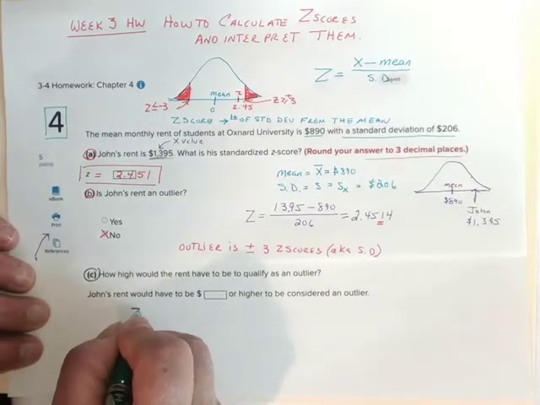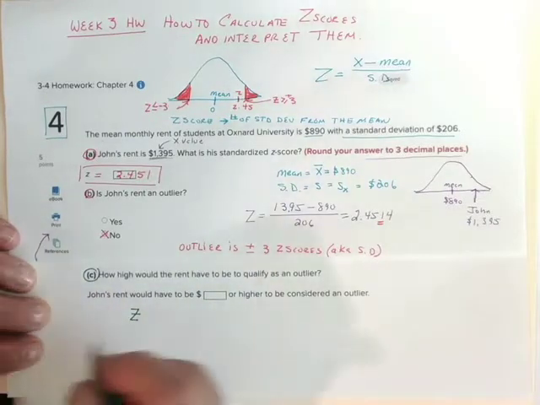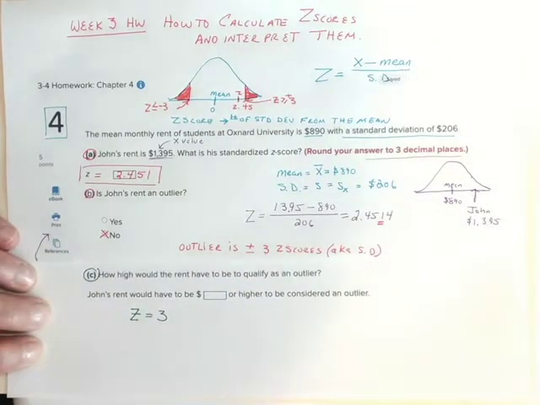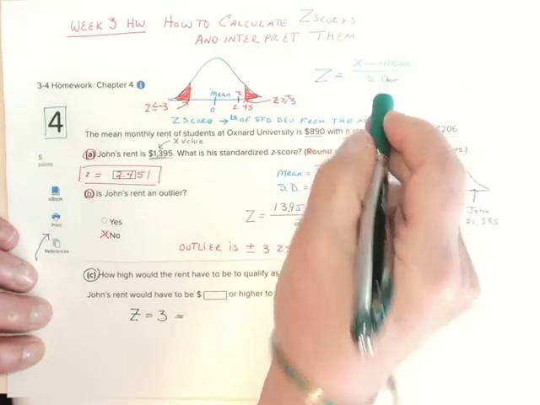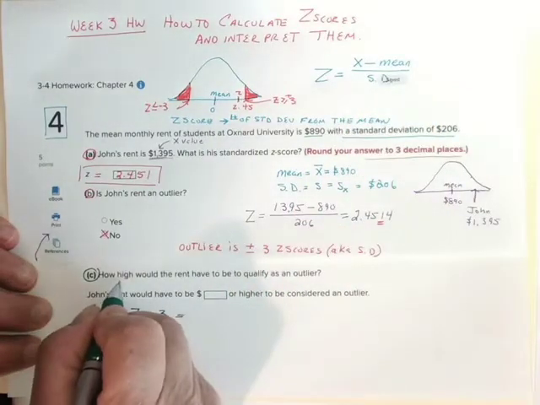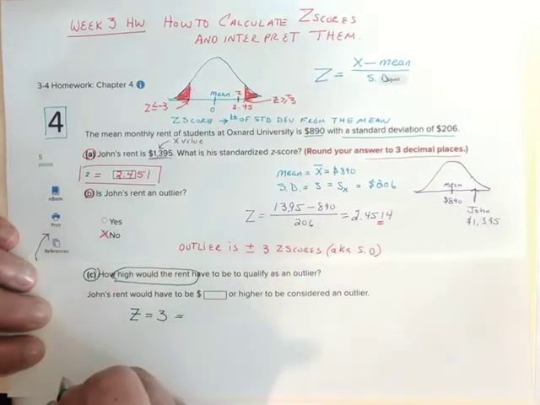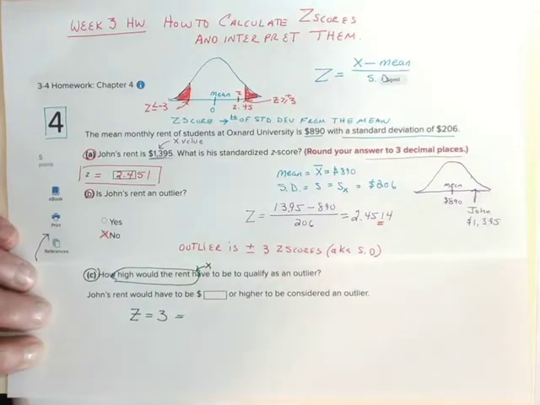So we have our z calculation, and an outlier is going to be 3 standard deviations above the mean. And we're going to go back and use this formula, and we want to find the rent. That is our x variable.